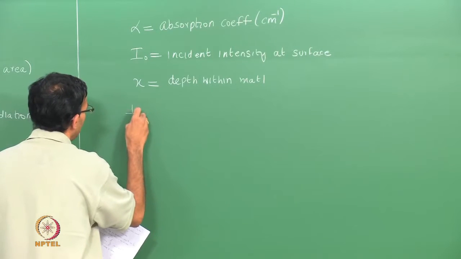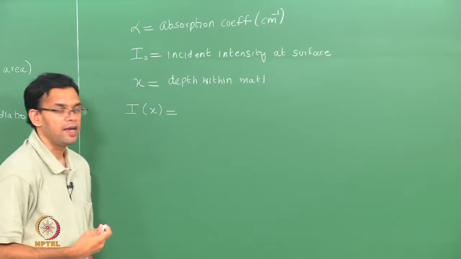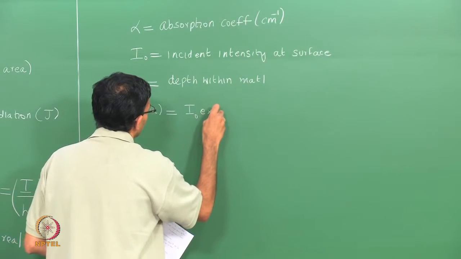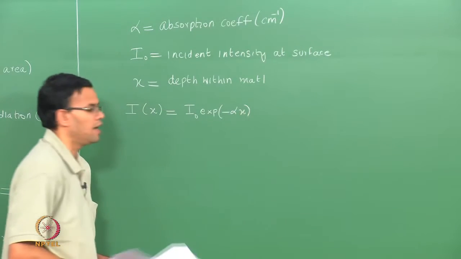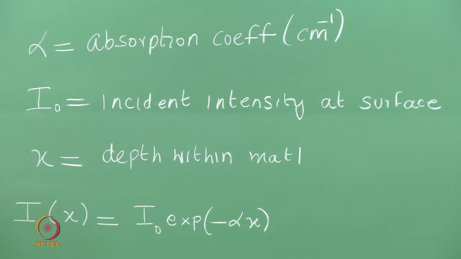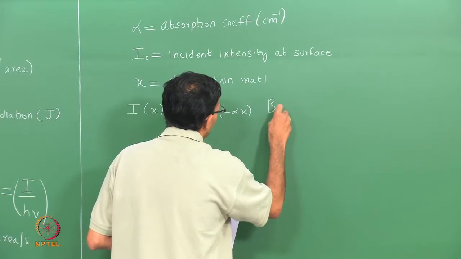then the intensity I at some depth x is I naught exponential minus alpha x. So, the intensity drops exponentially as you go deeper within your sample. This is called the Beer-Lambert law.